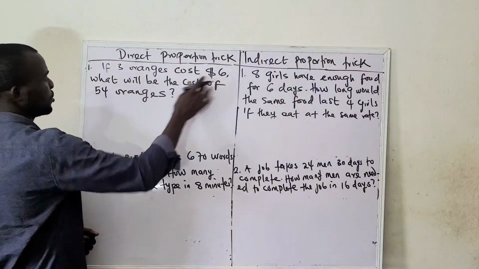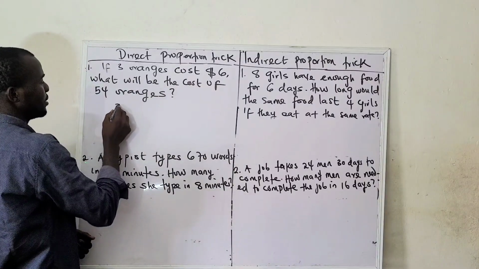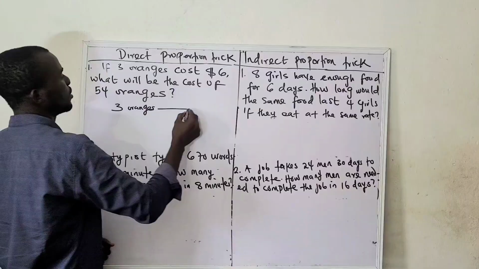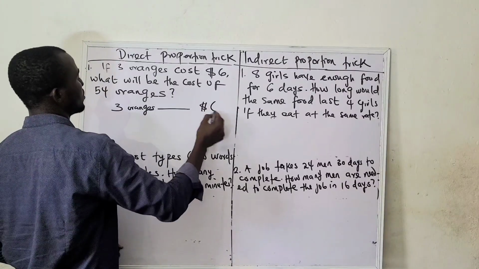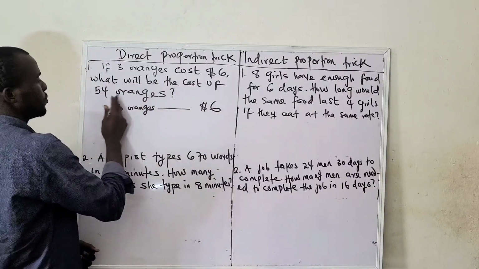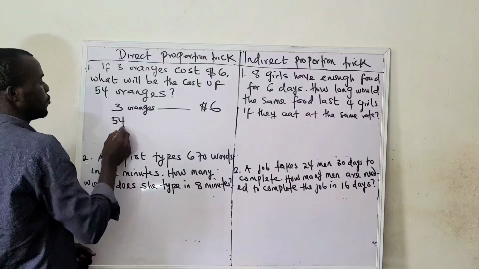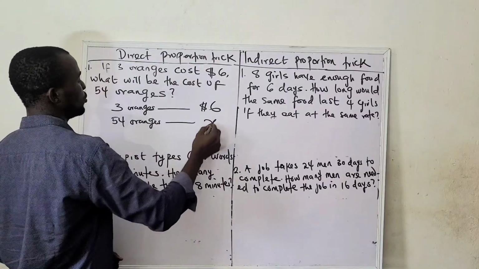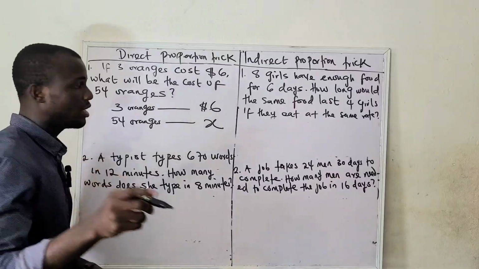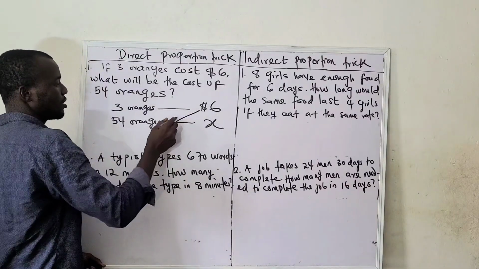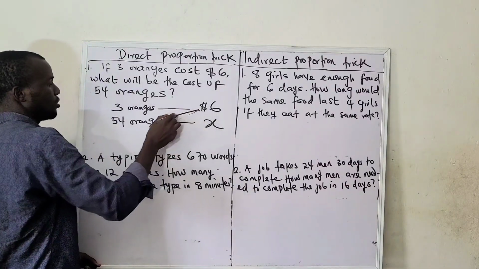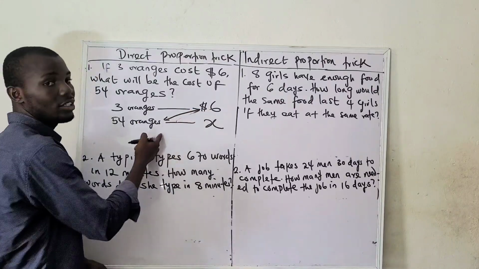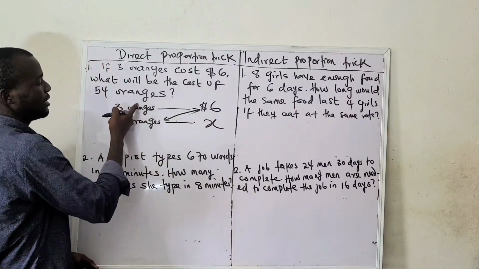If 3 oranges cost $6, just set it up like this: 3 oranges, $6. What will be the cost of 54 oranges? 54 will be right here, and then the other one you do not know. So the trick here is that you multiply this quantity and this quantity, and then the answer you get, you divide by this.